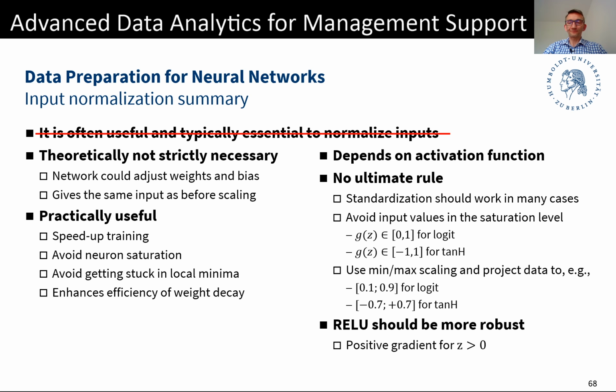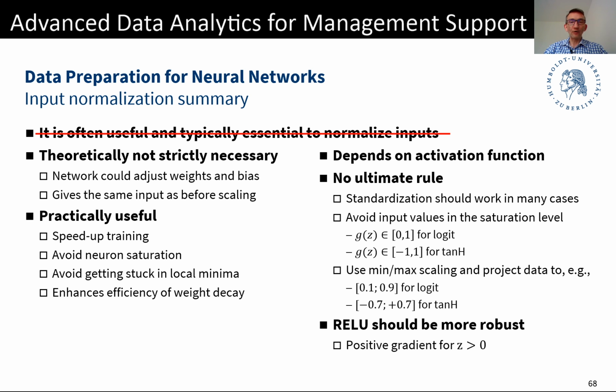From a purely theoretical point of view, that should be possible. But from a practical point of view, scaling the inputs is highly recommended and very likely to speed up your training a lot. And we just examined why that is the case. You will avoid this saturation of the neuron. Saturation means that you reach the saturation level of your activation function, which for the sigmoid, for example, is 1.